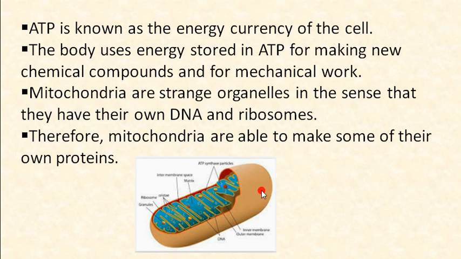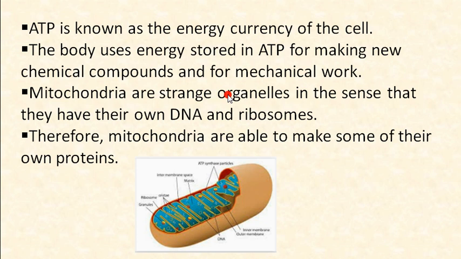Our cell's currency is ATP. The body uses energy stored in ATP for making new chemical compounds and for mechanical work. So why does our cell need ATP? Because the energy stored in ATP is used for making new chemical compounds and for mechanical work. So that's why this is important.